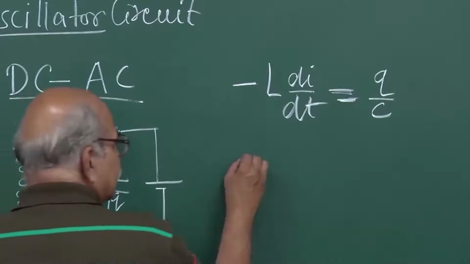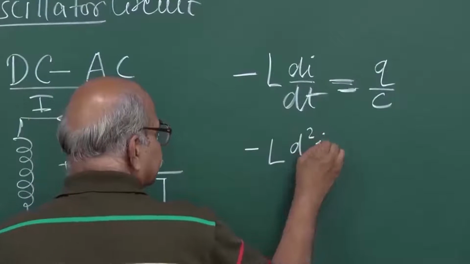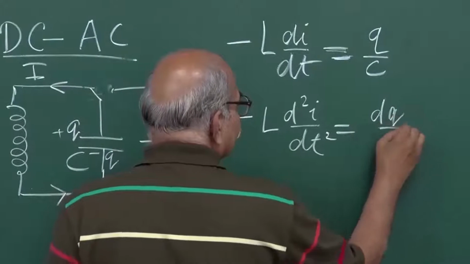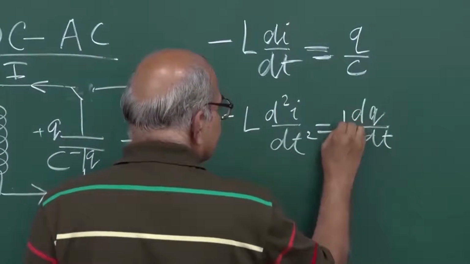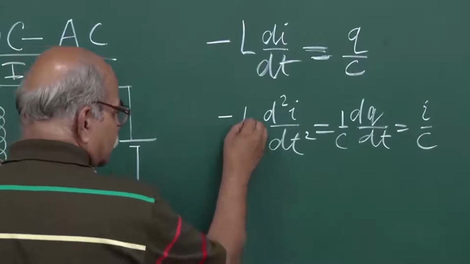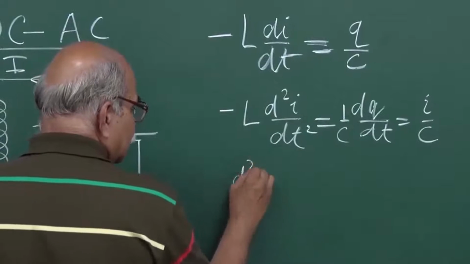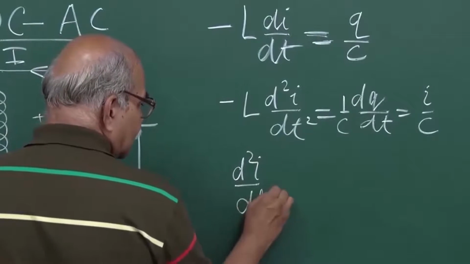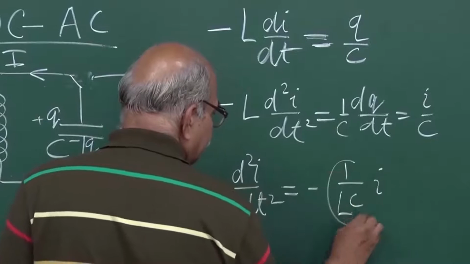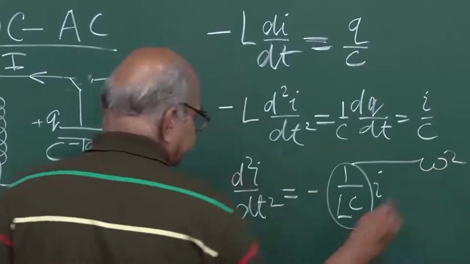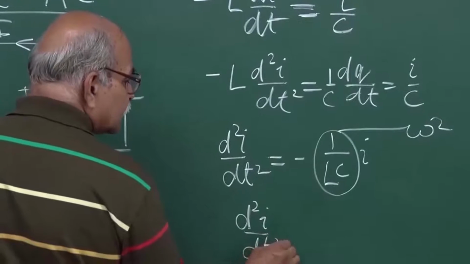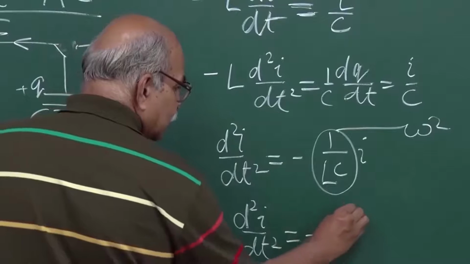If you differentiate, minus L d²i/dt² is equal to dQ/dt times 1 by C, which is I by C. You take L to the other side, and you have d²i/dt² equal to minus 1 over LC times I, and if you write 1 over LC as omega squared, then d²i/dt² is equal to minus omega squared I.